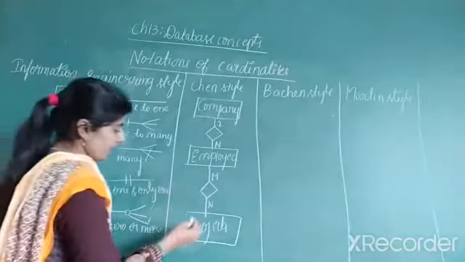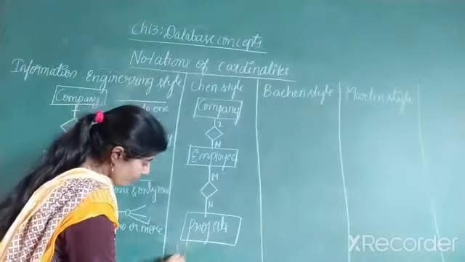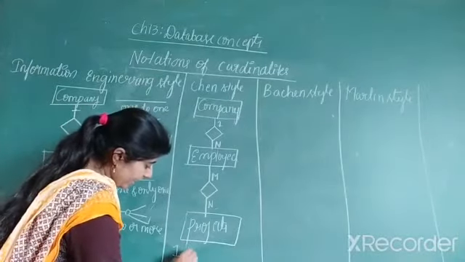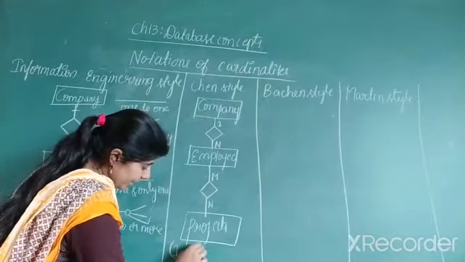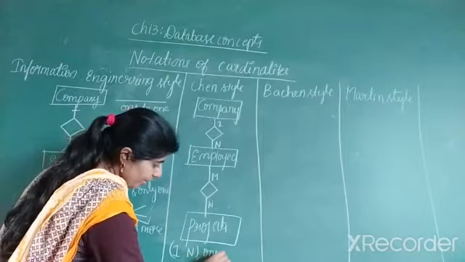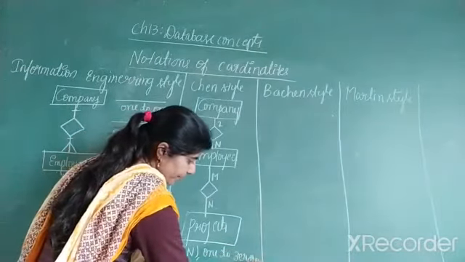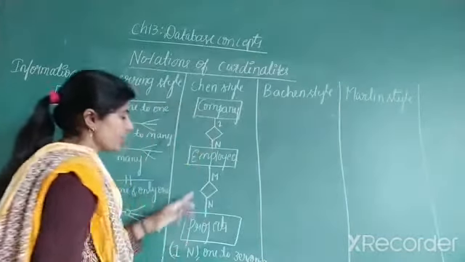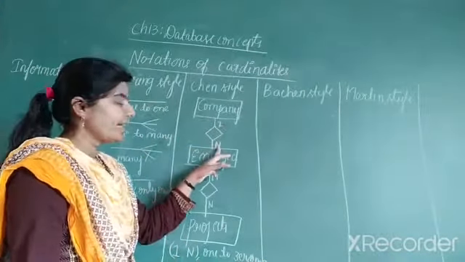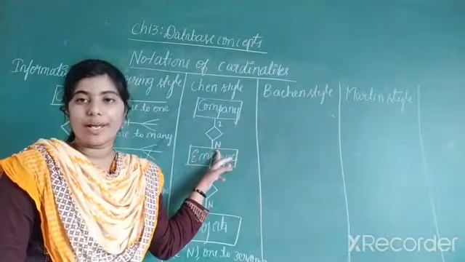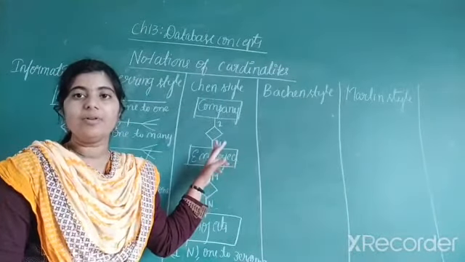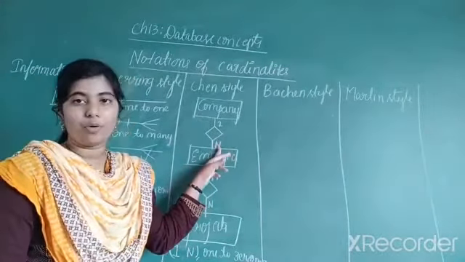You can observe here, in case of this, 1, n or 1 to n indicates 1 to 0 or more relationship, that means one company can have 0 or more employees.